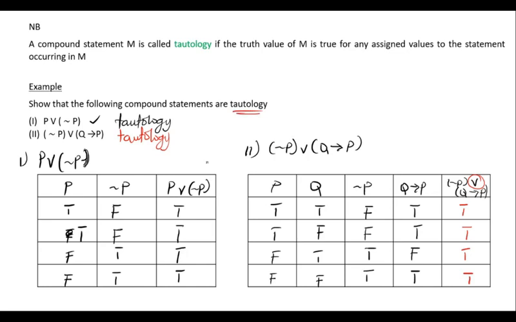So assuming you draw the truth values for these two, which the question is telling you are tautologies, and you had one of them to be false, it means somewhere in the process of finding the truth values you made a mistake. So you need to go back and cross-check all your implications, disjunctions or conjunctions to make sure all the values here are true for it to be a tautology.